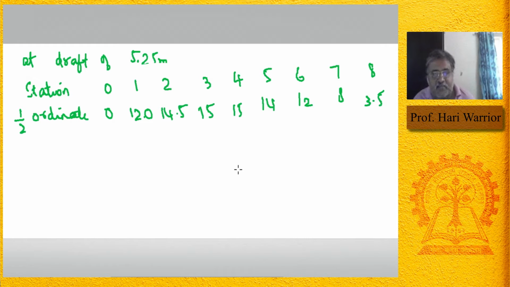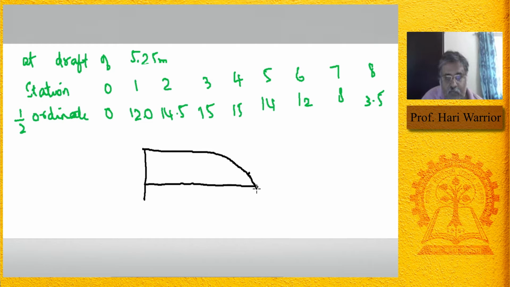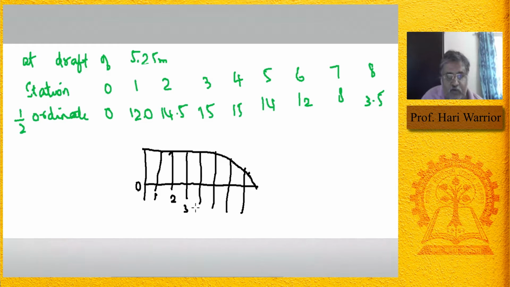So basically what this means is that at different stations 0, 1, 2, 3, 4, etc., you are given the distances like this.